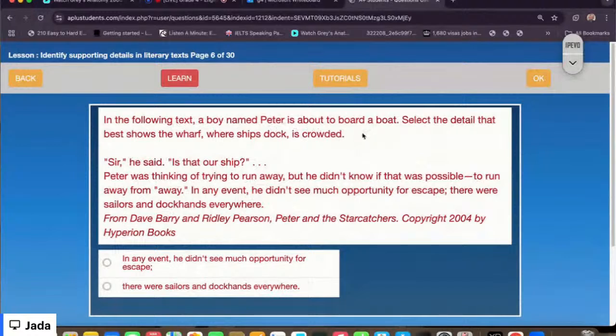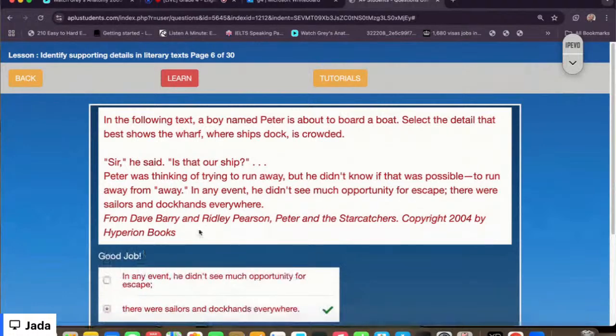What do you think? Alright, so they were everywhere because it was crowded.